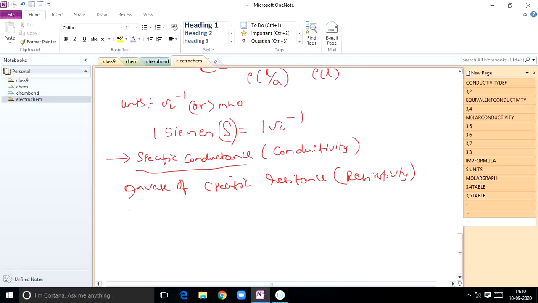It is denoted by a symbol called kappa. So specific conductance, how can you define the specific conductance?